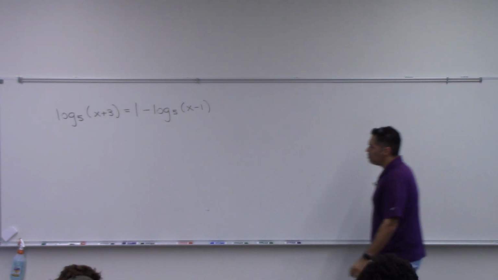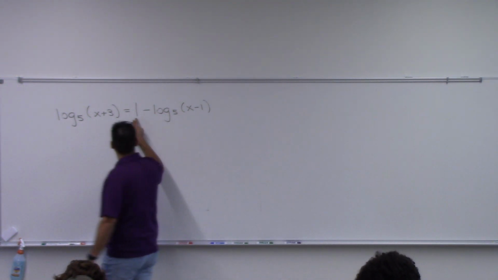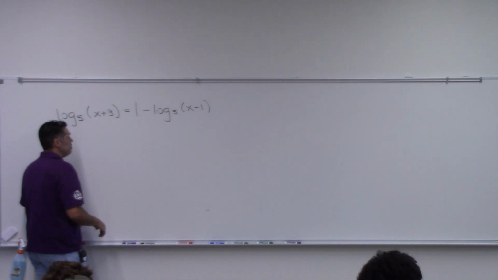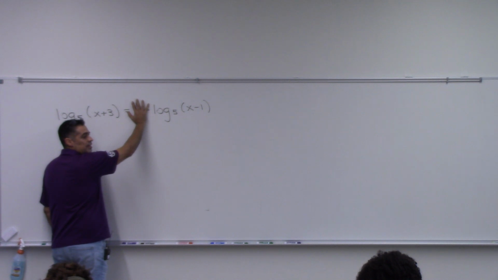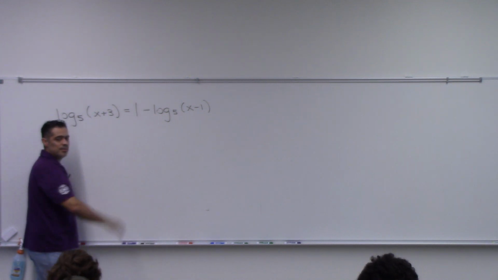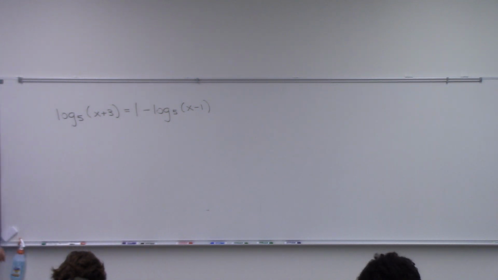All right, so unfortunately we have a 1 right here. And what makes that unfortunate is because if that wasn't there, then I would just set the 2 insides equal to each other, wouldn't I? But it's there, so I can't. So we can't condense yet, right?